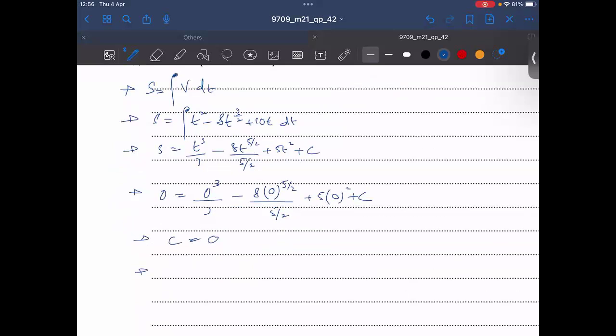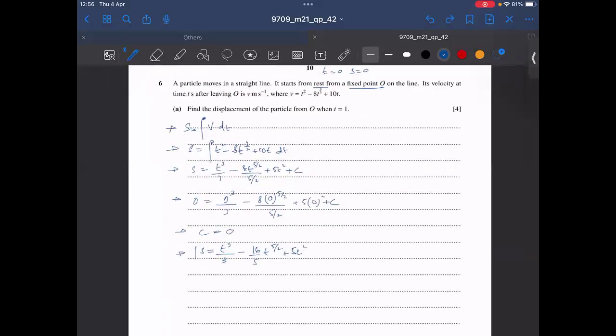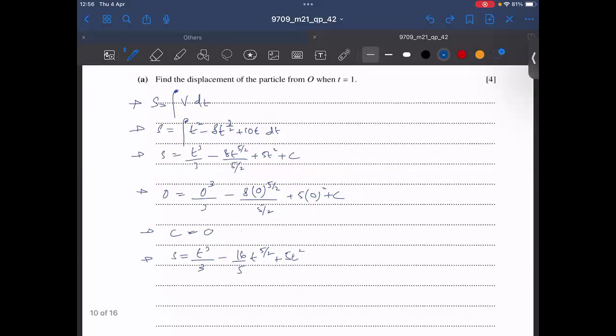So I have now my final equation for displacement as t cube over 3 minus 16 over 5 t to the power of 5 over 2 plus 5t squared. This is my final equation for S, the displacement.